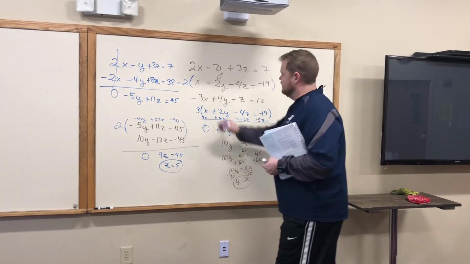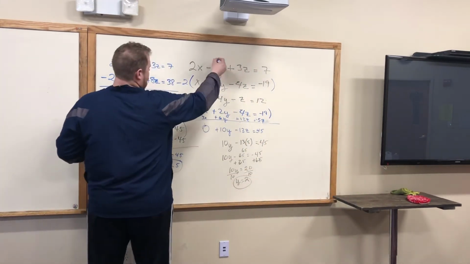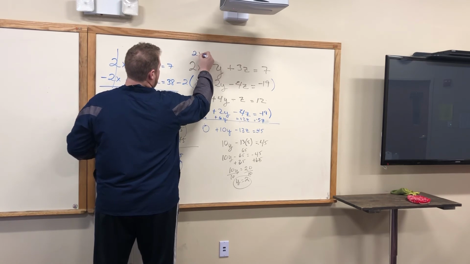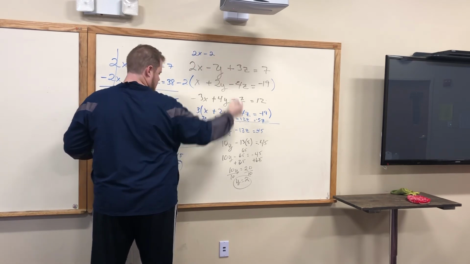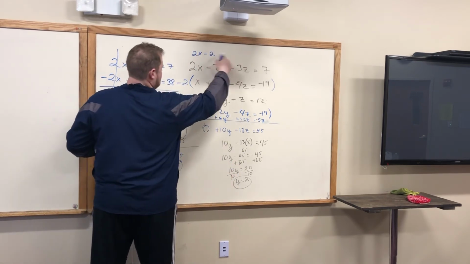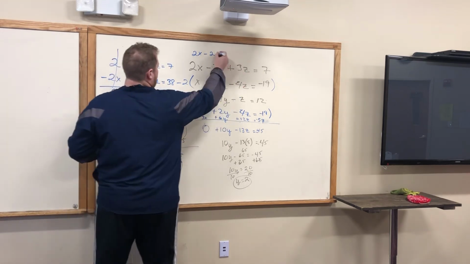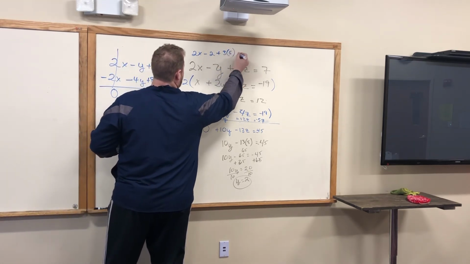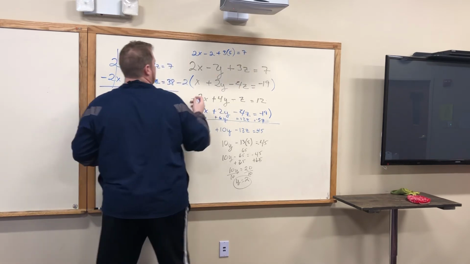So if we take these and plug them back in, our y is 2, so it's going to be 2x minus 2 plus 3 times 5 equals 7.